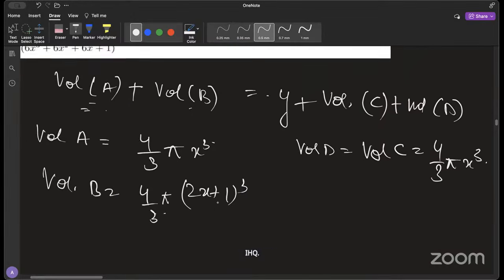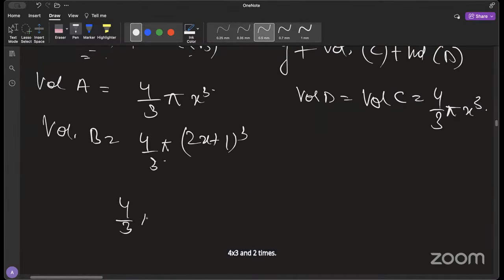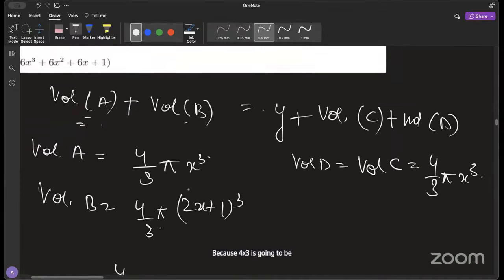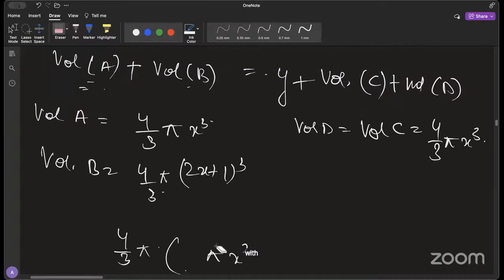Now we'll substitute these values here. So we'll get 4 by 3 pi, because 4 by 3 pi is going to be common, so let's not multiply things here. We'll have x cube plus (2x plus 1) cube.